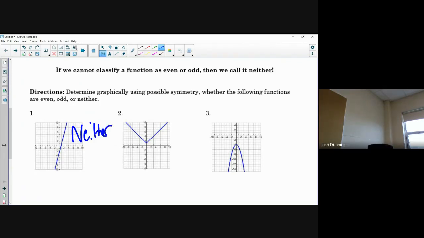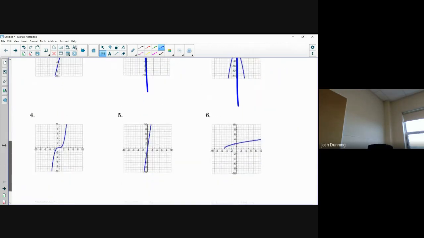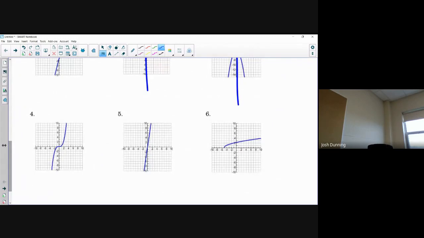Two's easier though. You fold that right over itself, it lines up, so that's even. 3, even. It's like a mirror image across the y-axis. Now 4. Well, 4, I don't know, let's take a look here.